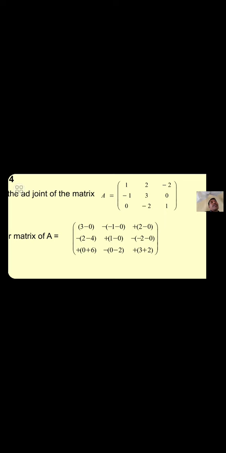So if one is positive, then its next side element is negative, so minus into where 2 is intersecting row and column, the first row and second column. If we delete those and keep the remaining 4 elements, the determinant is minus 1 minus 0. So here that is what we can see.